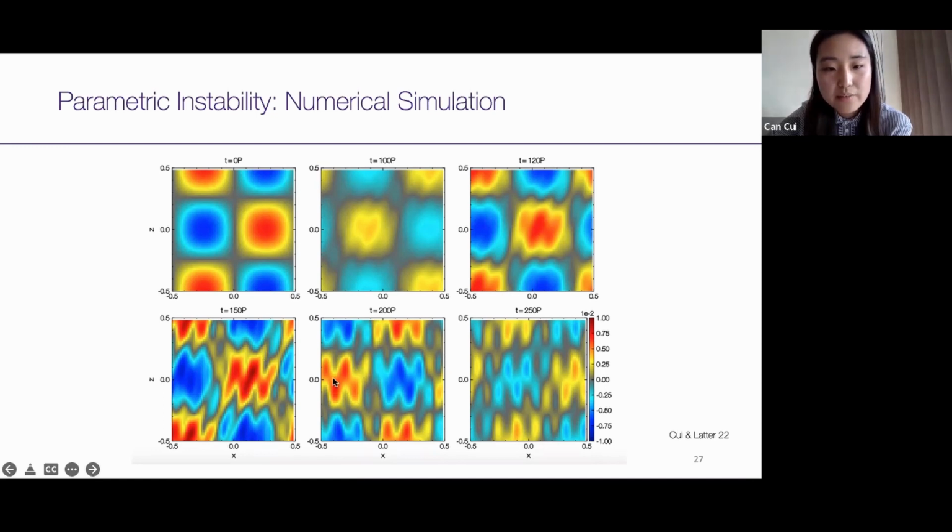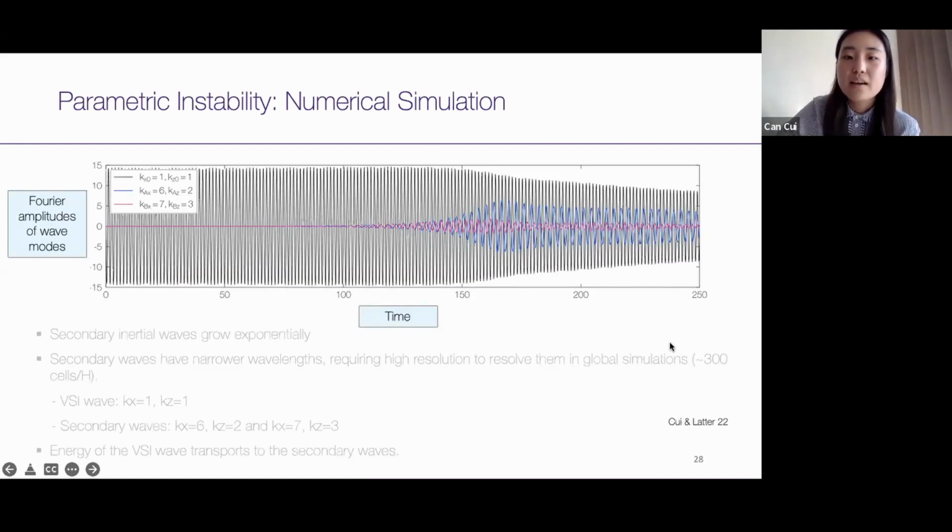The secondary waves have much narrower wavelengths than the primary VSI wave, as we can see in the right bottom panels. And gradually the secondary waves take over and dominate in the simulation.